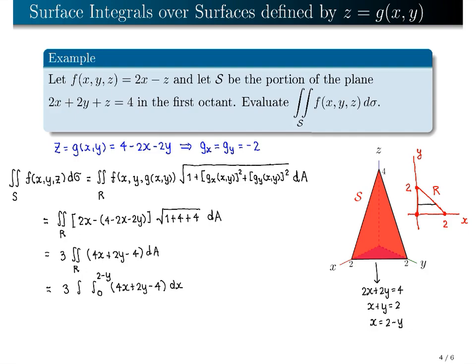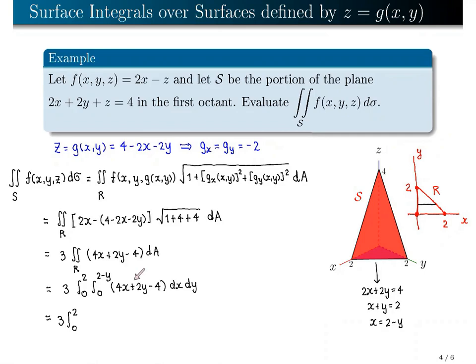Next, we integrate with respect to y. So we get dy, where y starts from here, where y is equal to 0, to y here, where y is equal to 2. We now evaluate this iterated integral. We have 3 times the integral from 0 to 2.